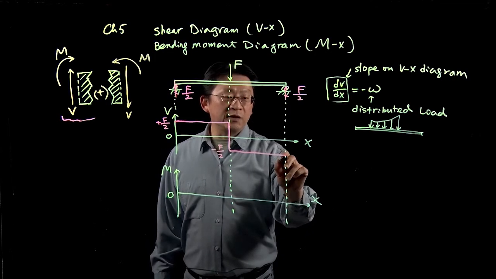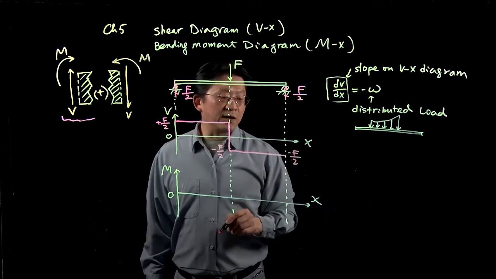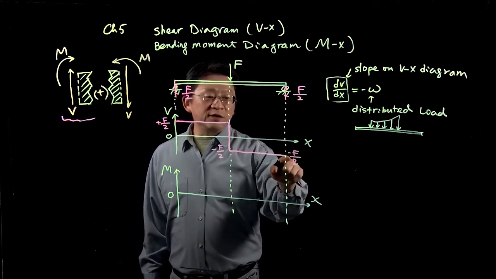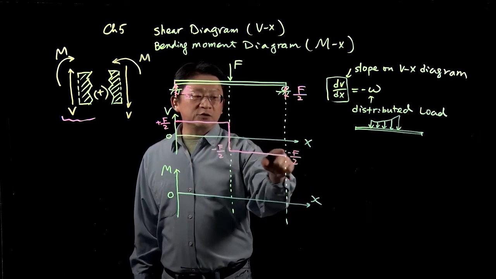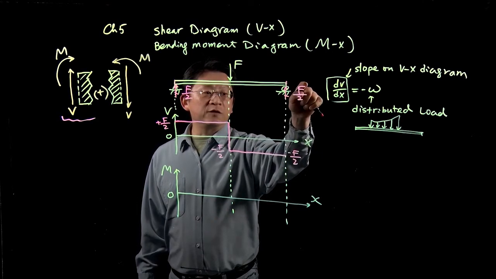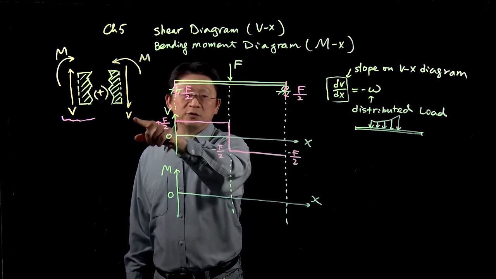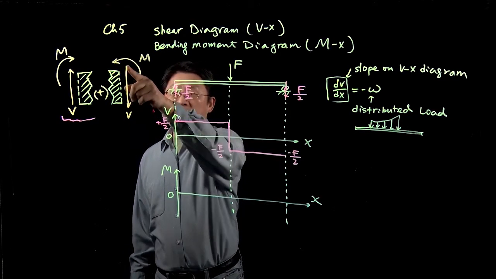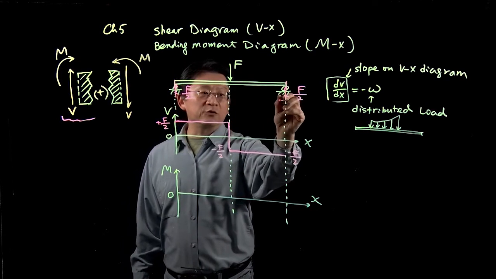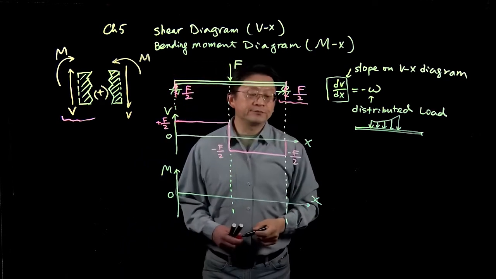Coming to the right support, the value goes up by F over 2. Because this section faces to the right, a negative value corresponds to pointing upward, as we expect. That is the shear diagram.